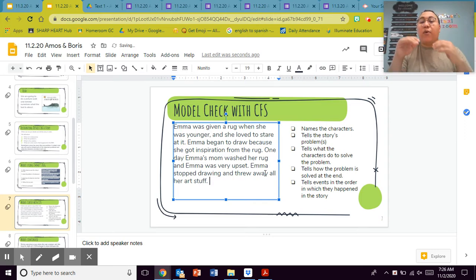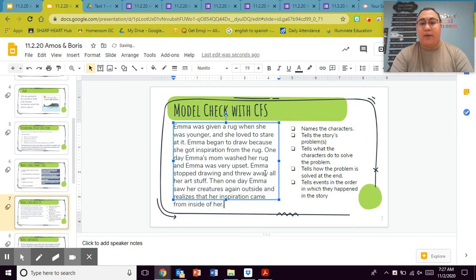Right? So now I want to tell how the problem is solved. Then one day, Emma saw her creatures again outside and realized that her inspiration came from inside of her.